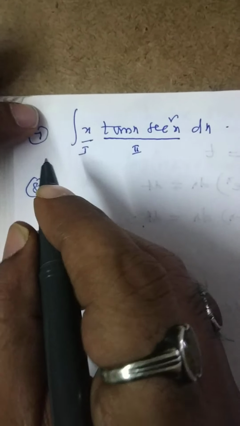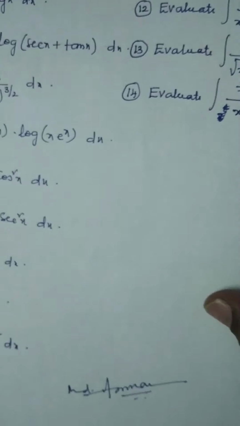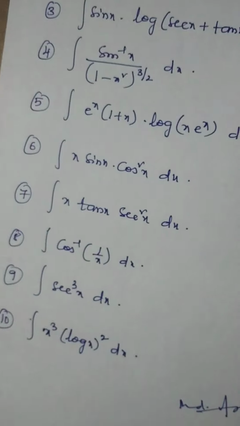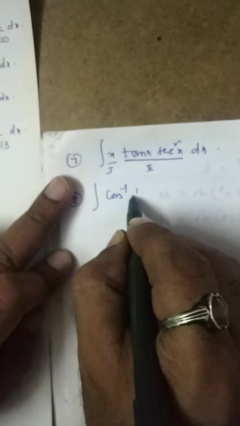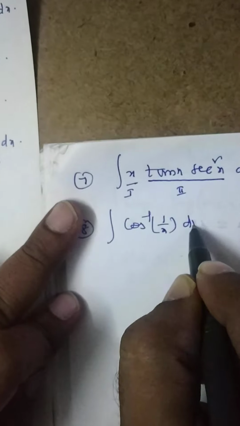Okay, next coming to problem number 8. What is problem number 8? Integration of cos inverse of 1 by x dx.